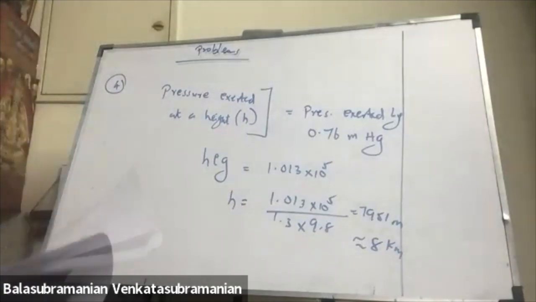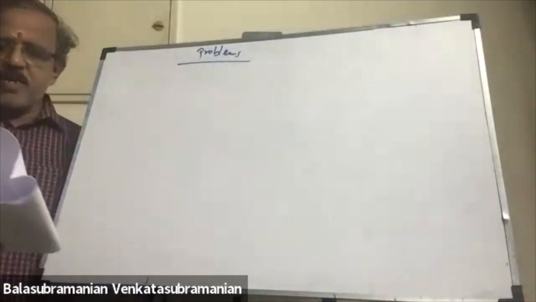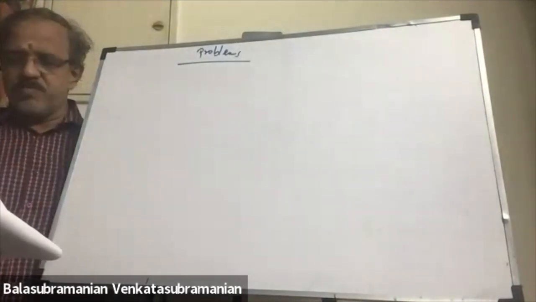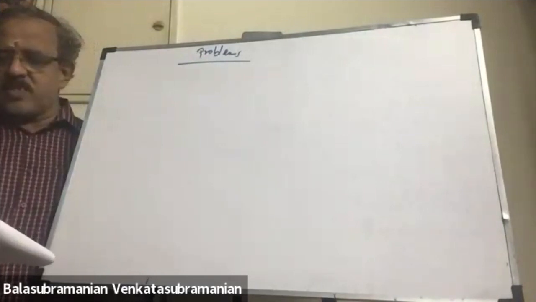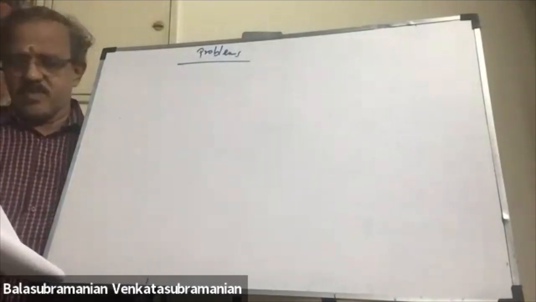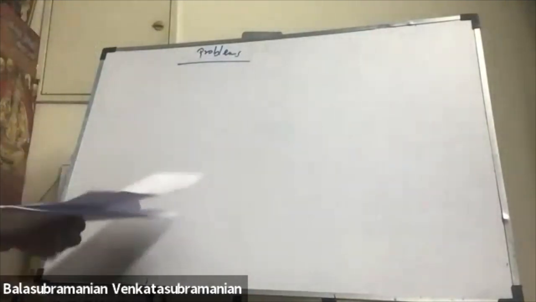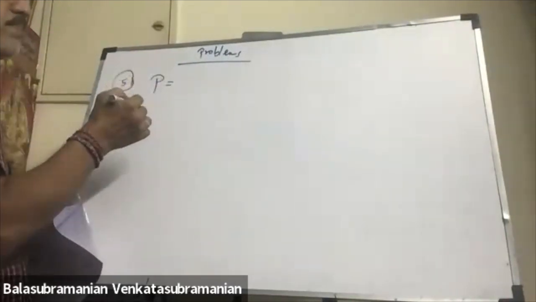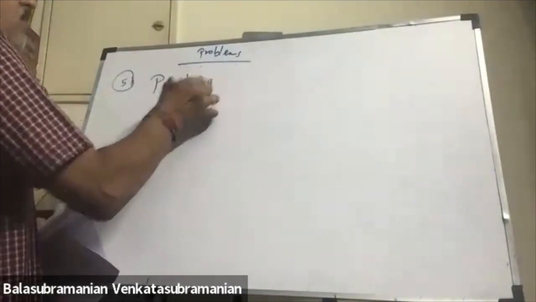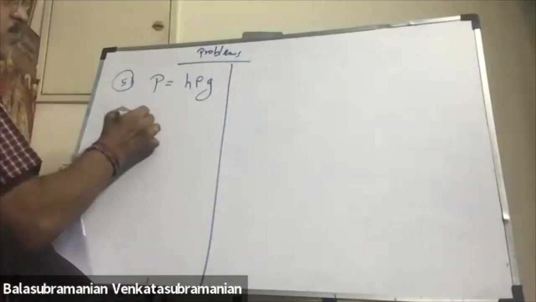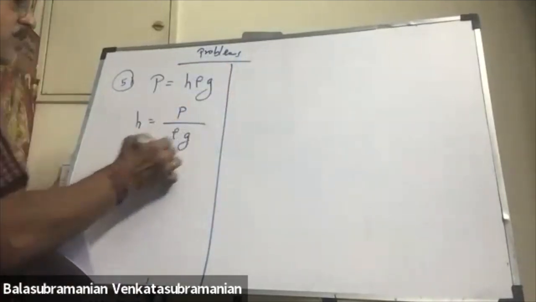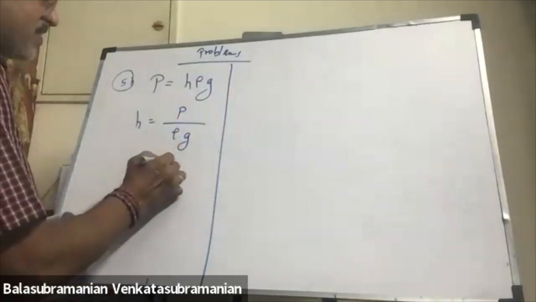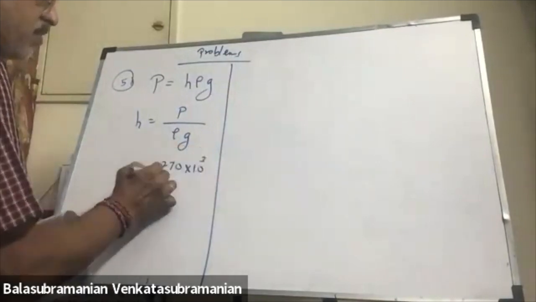Fine. Next, fifth one. If the water pressure gauge shows the pressure at ground floor to be 270 kilopascal, how high would water rise in the pipes of a building? Same problem. We know liquid pressure or fluid pressure formula P is equal to h rho g. Question to calculate h, that is P by rho g. Pressure 270 kilopascal, that is 270 into 10 power 3.